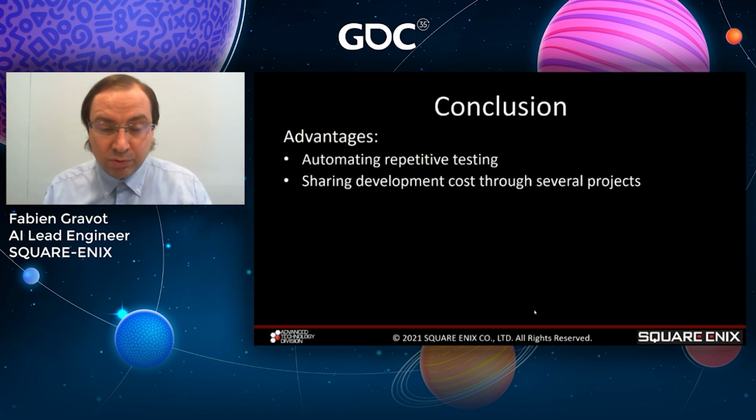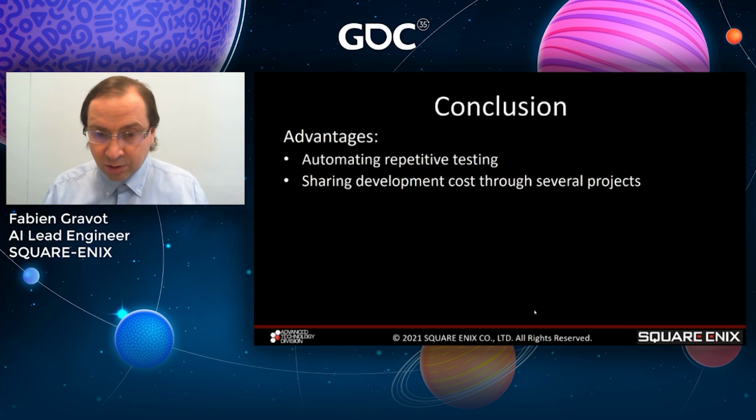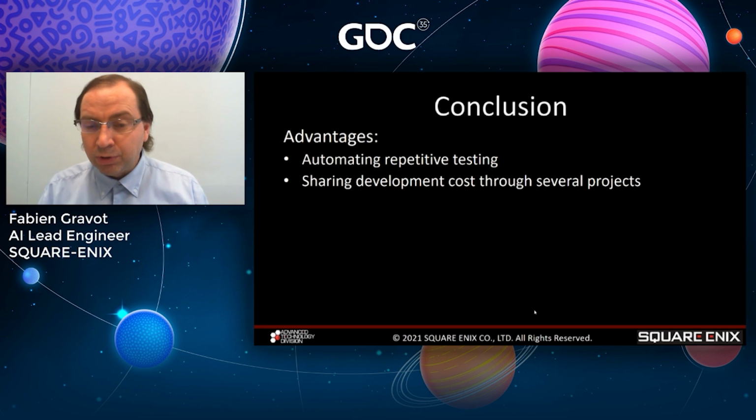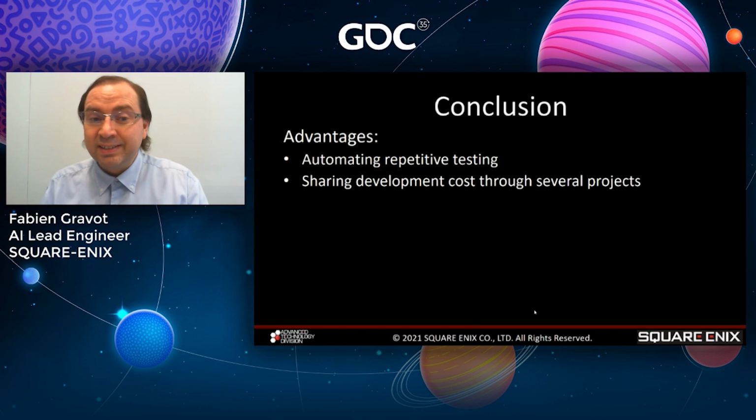We were able to show how to share development costs through several projects by making this part as common as possible and trying to have a generic game state in which we can store a lot of data, even some user data like what kind of objects we want to interact with. So in the replay, we can use this idea to look for these objects and not go to the recorded data, but to the new position of these objects.